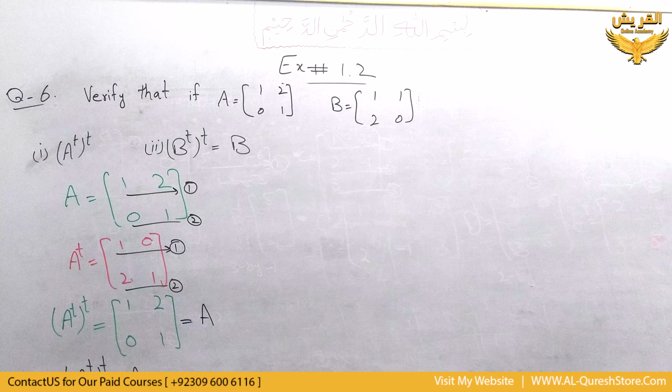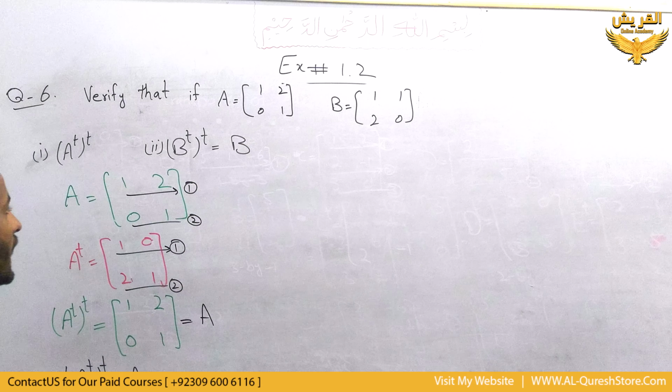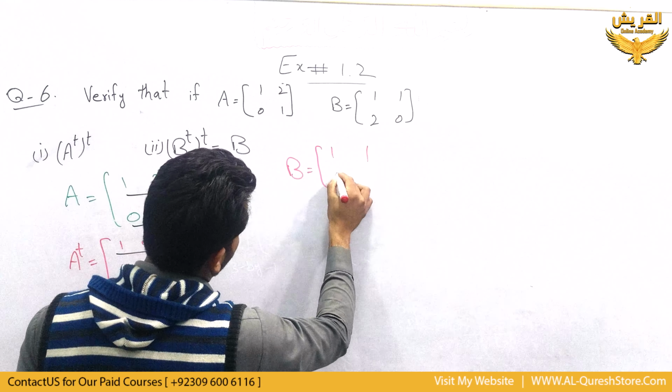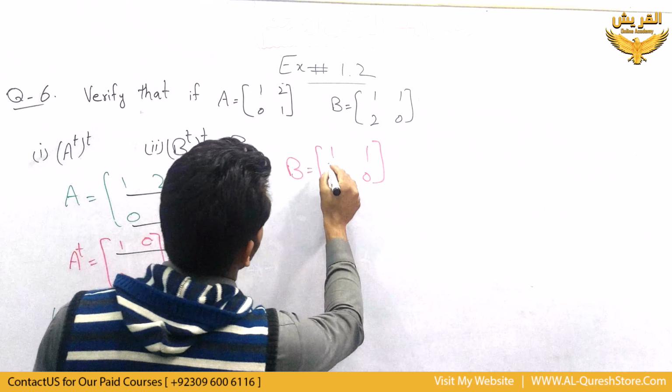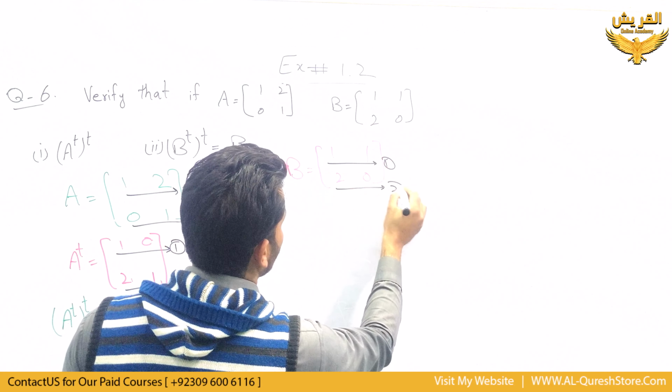Now we have to do the same in the second part with B. B is equal to [1 1; 2 0], having two rows. First row 1, 1, second row 2, 0.